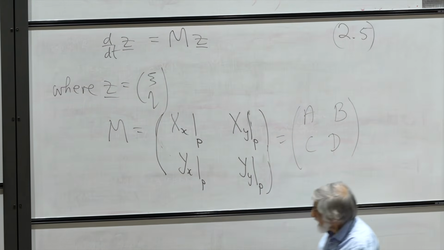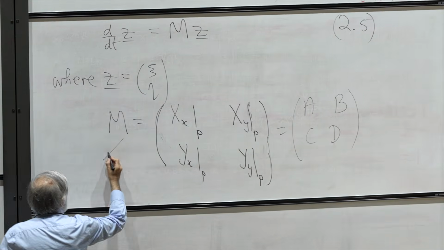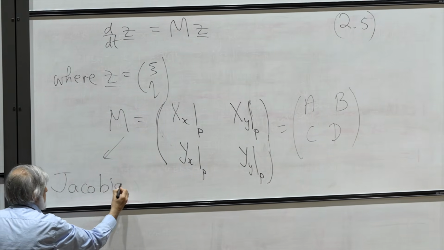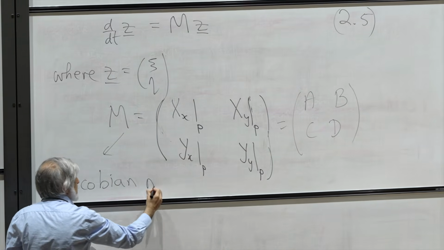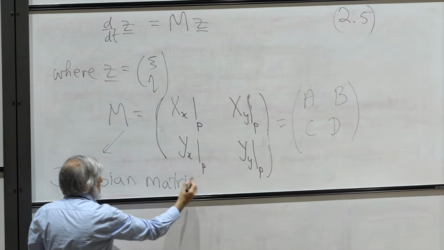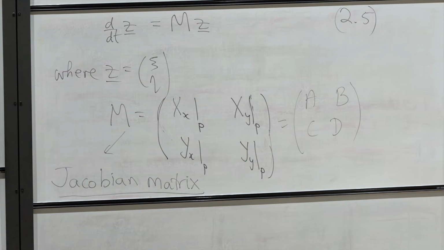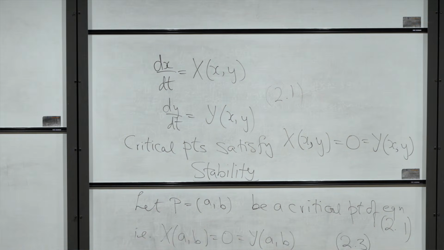And sometimes this M is called the Jacobian matrix. So what we've done is we've taken this non-linear system, 2.1, and we've reduced it to linear system, 2.5.